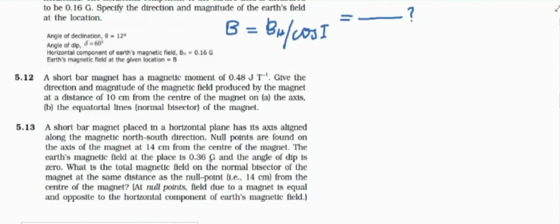Then next question 12. A short bar magnet has a magnetic moment 0.48 Joule per Tesla. Give the direction and magnitude of the magnetic field produced by the magnet at a distance of 10 centimeter. You have to take a distance r is equal to 10 centimeter from the center of the magnet on the axis and the equatorial line of the magnet.